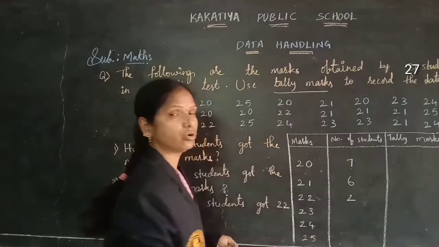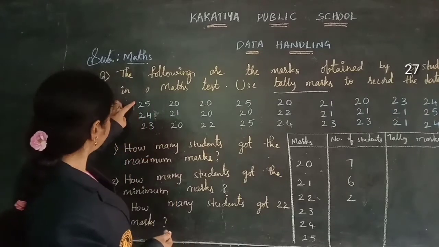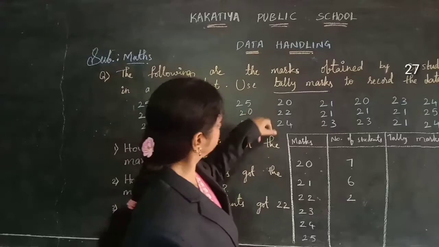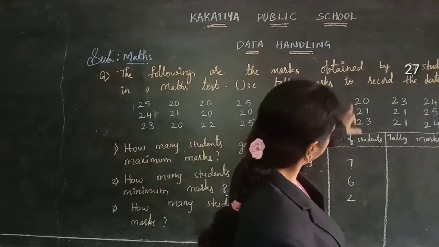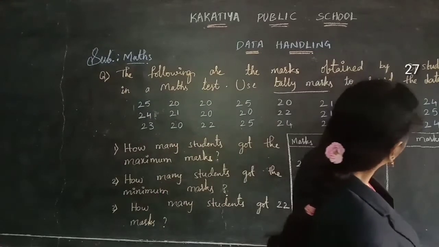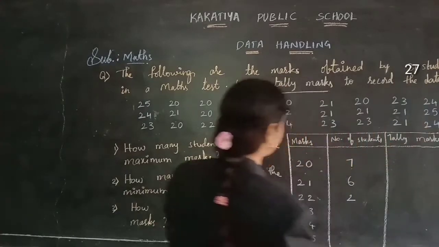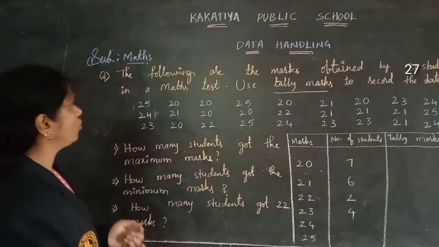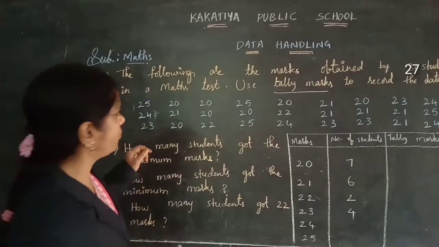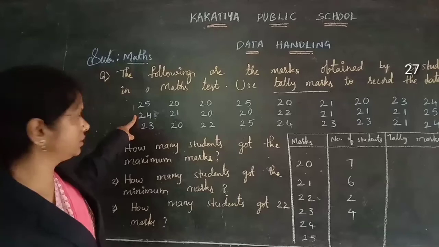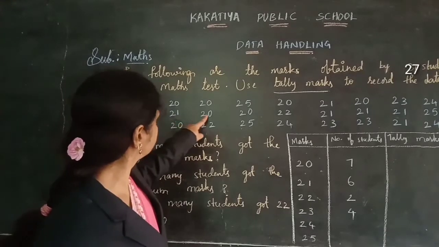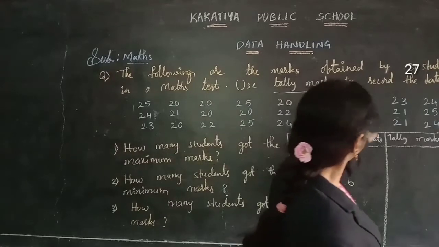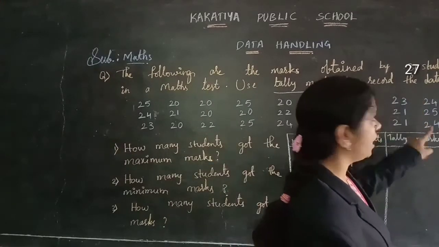Now, how many students got 23 marks? Let's count here. 1, 2, 3, 4. So 4 members got 23 marks. Now 24 marks. Here 1, 2, 3 and 4.